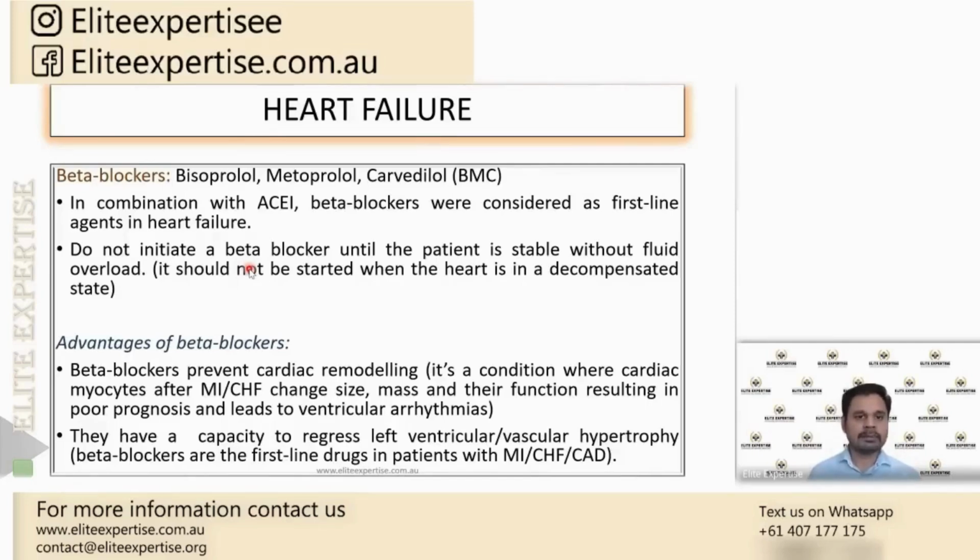Okay. So what happens if the heart is in a decompensated state, and on top of that, we start a beta blocker? We know that beta blockers also have a negative inotropic property. That is, they reduce the force of contractions. As a result, the patient's cardiac output will further decrease, the patient becomes hypotensive, and other complications will arise.